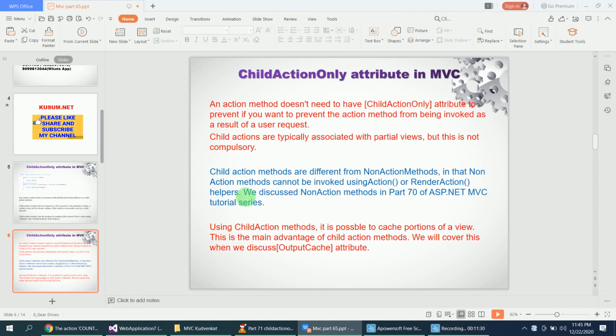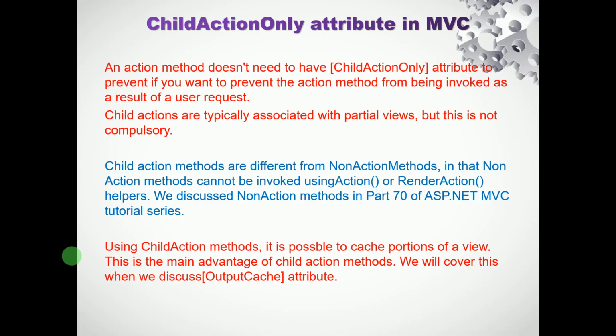Now, in the next slide, an action method doesn't need to have the child action only attribute to prevent being invoked as a result of a user request. Child actions are typically associated with partial views, but this is not compulsory.